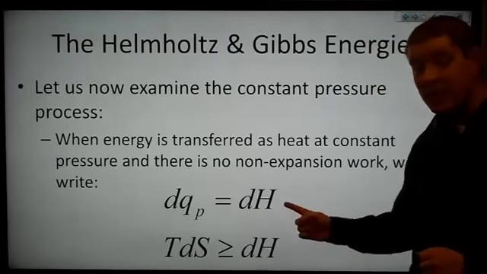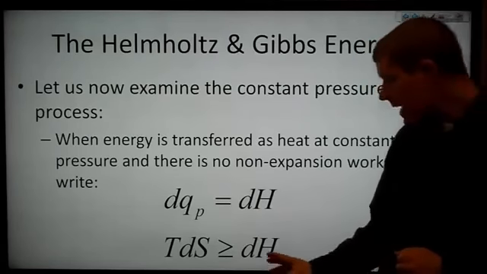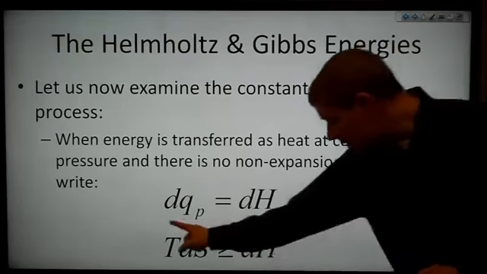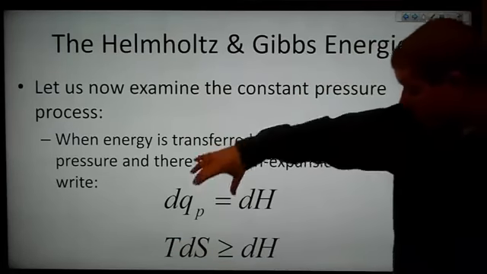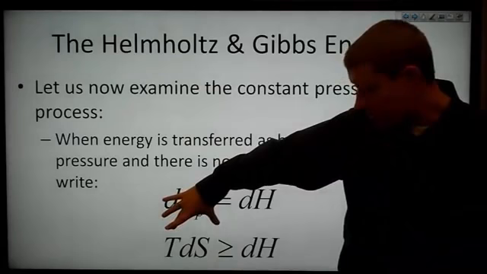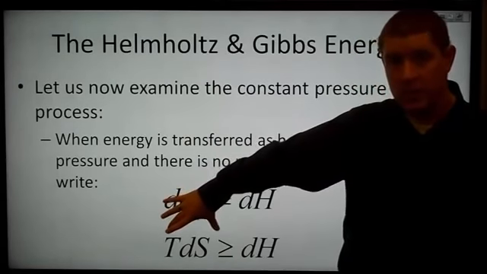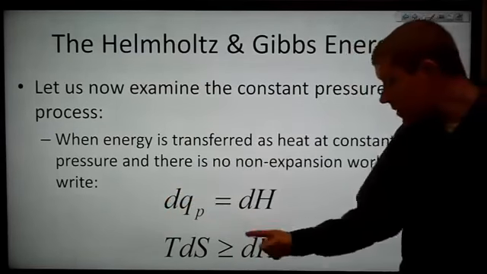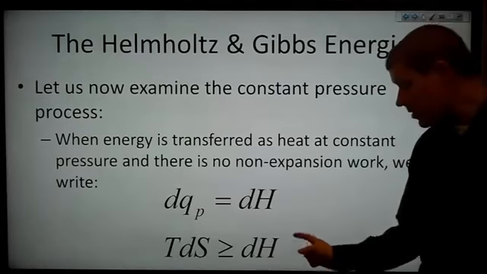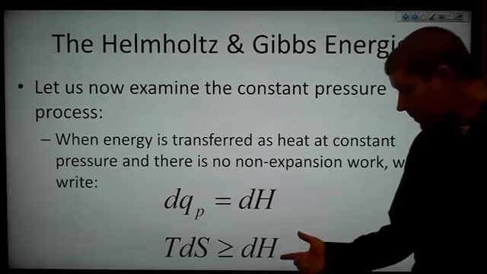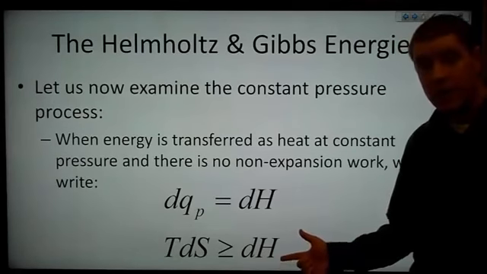Note that this is not the internal energy, it's enthalpy. And so now we get this inequality. We have our quantity, temperature times the change in entropy, must be larger than or equal to the change in enthalpy.